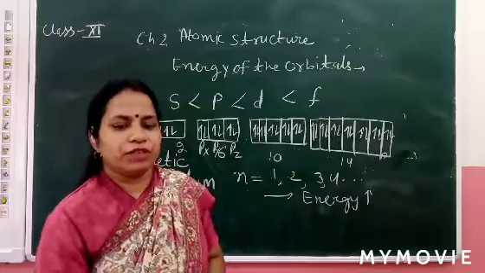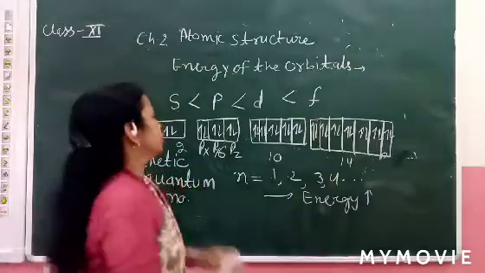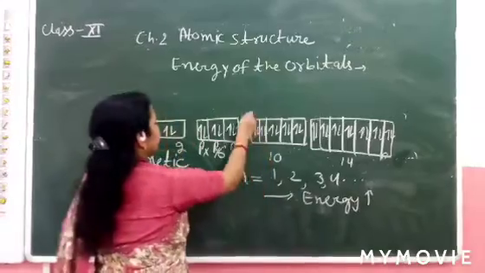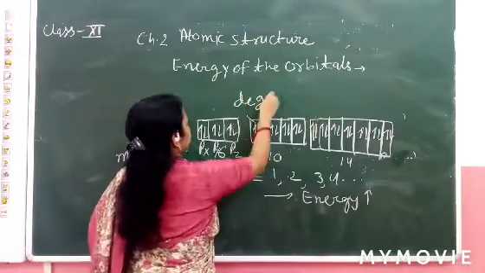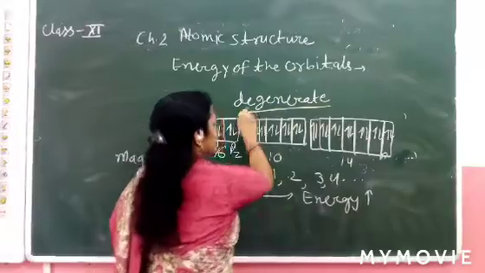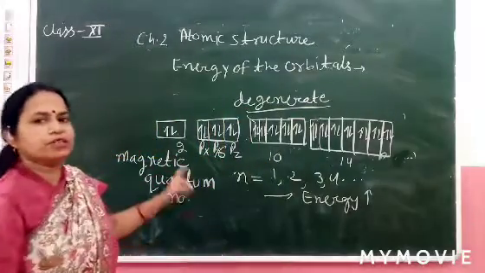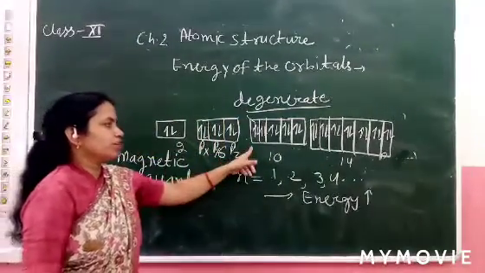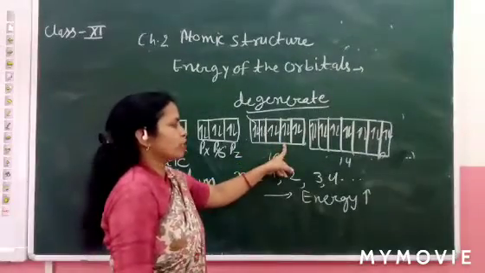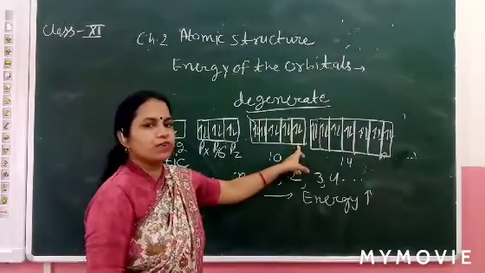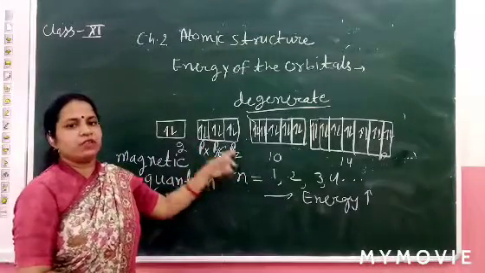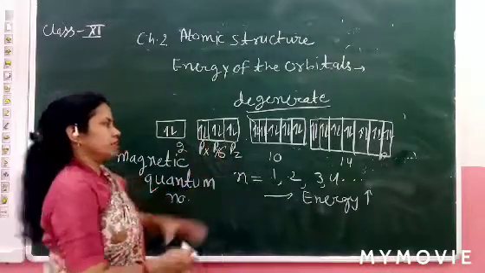Clear, all of you? Degenerate means those subcells have the same energy. So dxy, dyz, dxz, dx square minus y square, and dz square have the same energy. Px, Py, Pz also have the same energy.